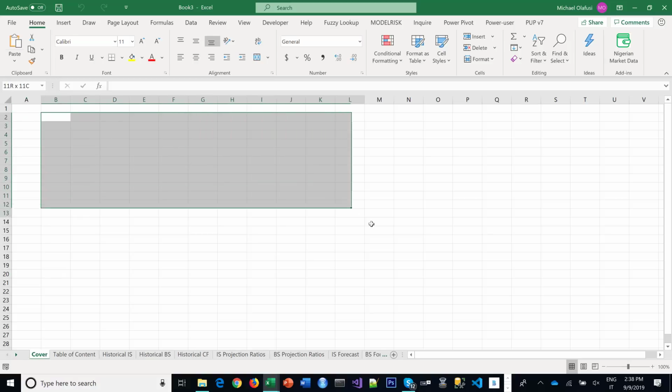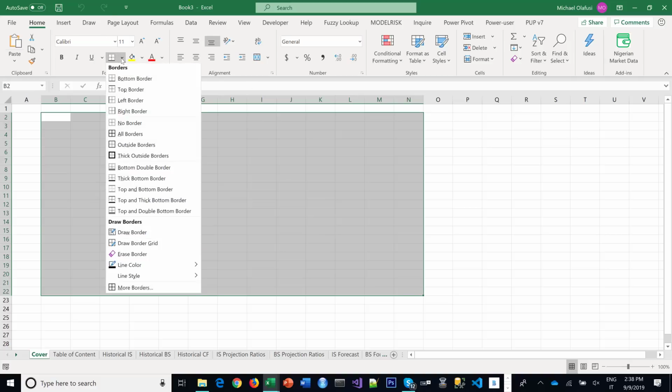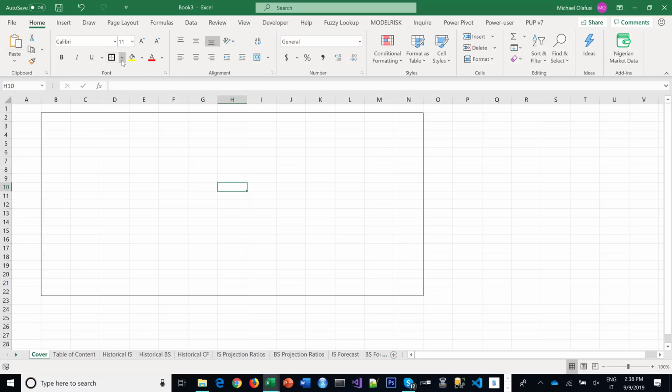This is my preferred way of creating the cover page. So I pick a rectangle, and make it the name of the company I want to model for. For this demonstration purpose, I'm going to do it for Dangote Cement PLC.